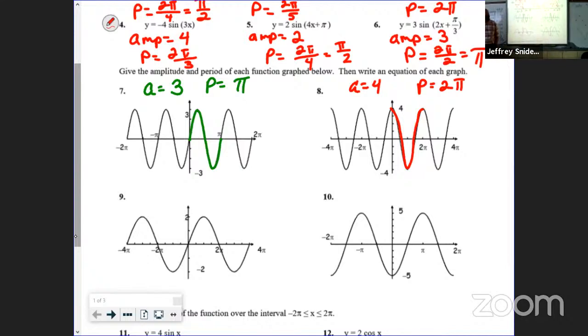So all I'm doing is writing those things down to start. Number 9. The amplitude is 2. The period, okay, here's a sine curve. So what is it? 4 pi.